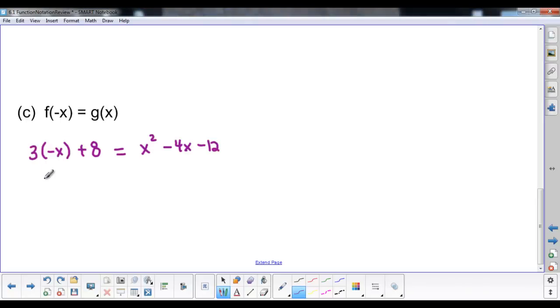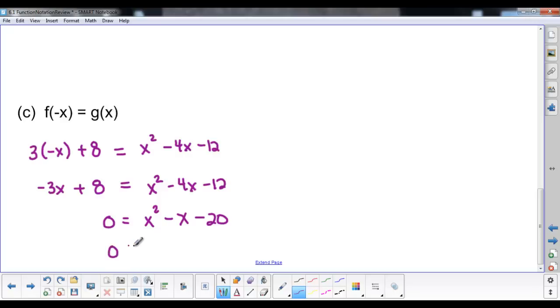So on our left side here, 3 times negative x plus 8 is equal to x squared minus 4x minus 12. And again, I see that we have a quadratic, so I'm going to move everything to one side so that we can factor. So minus 4x plus 3x, and then negative 12 plus or minus 8 will give us negative 20.